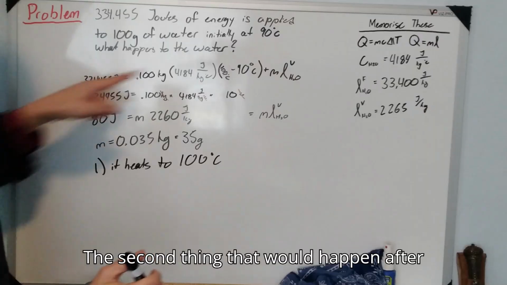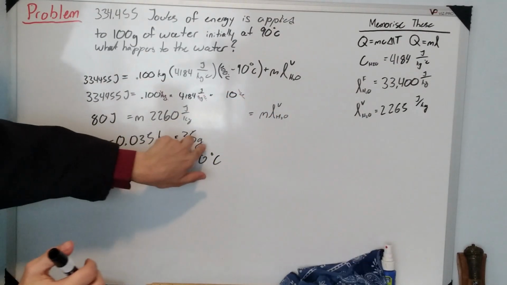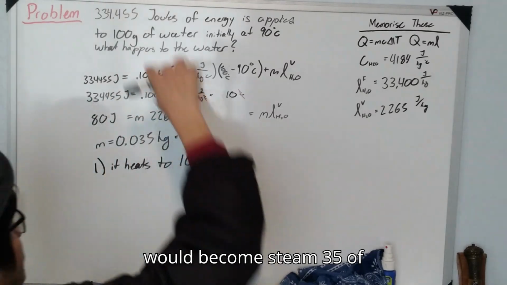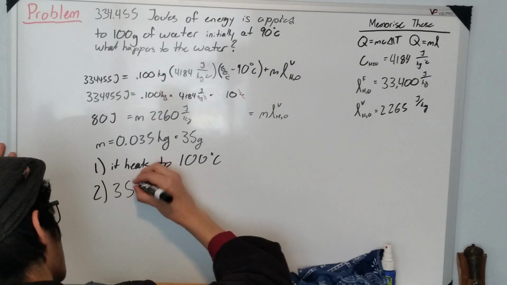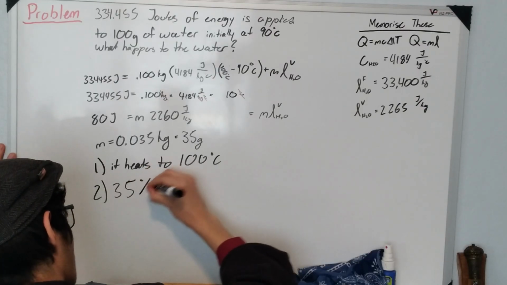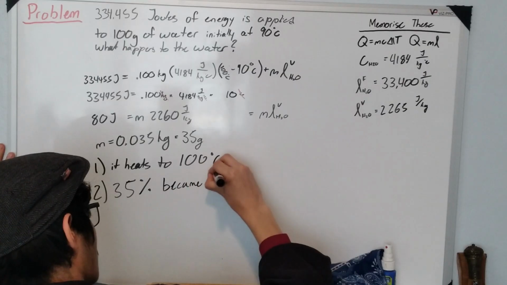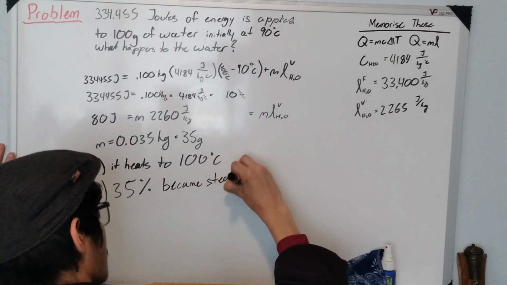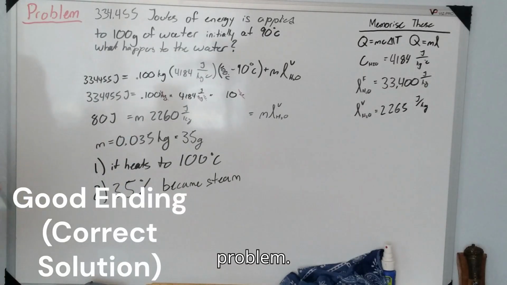The second thing that would happen after it hits that ceiling is that some of it would become steam. 35 of 100. Awesome. And that's the solution to the problem.